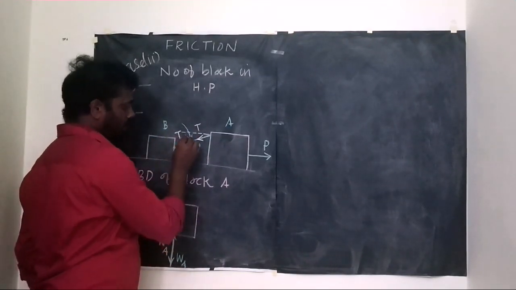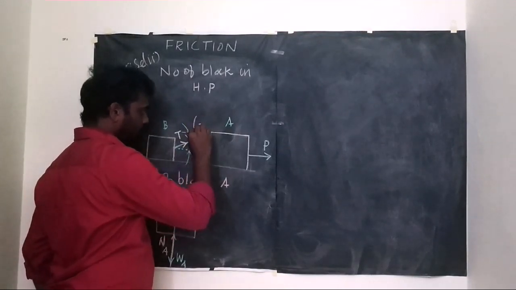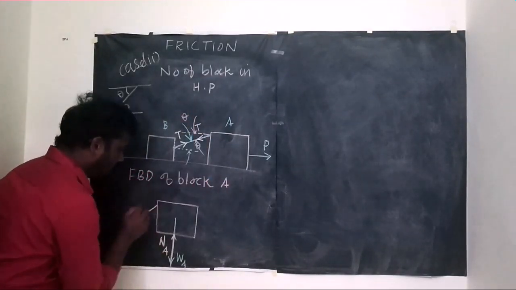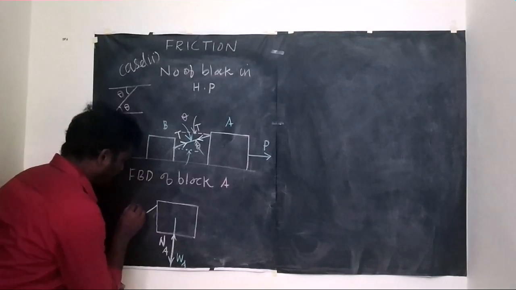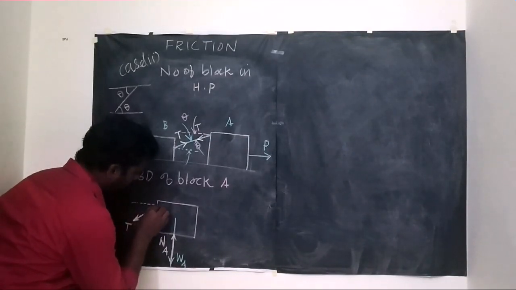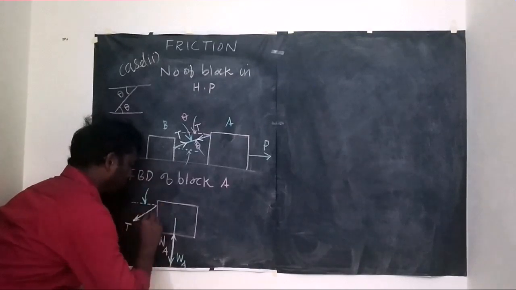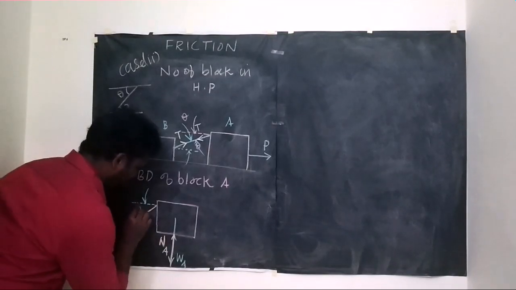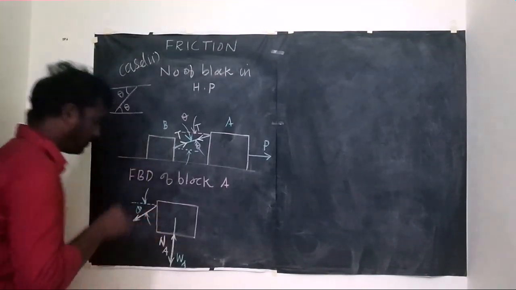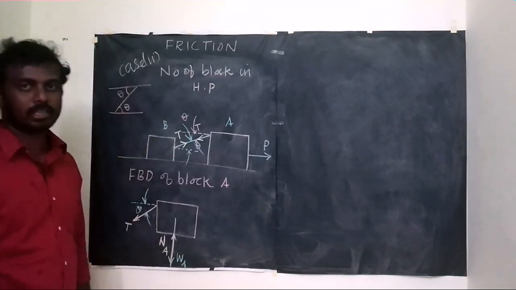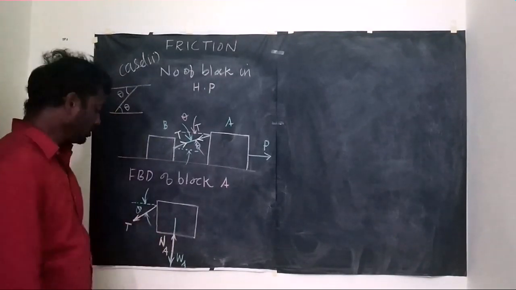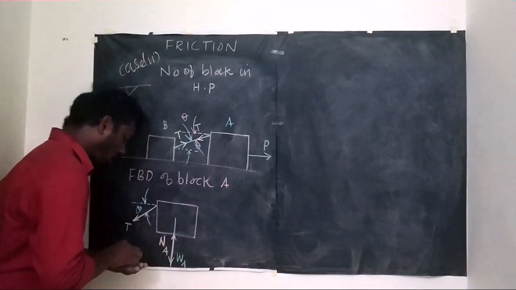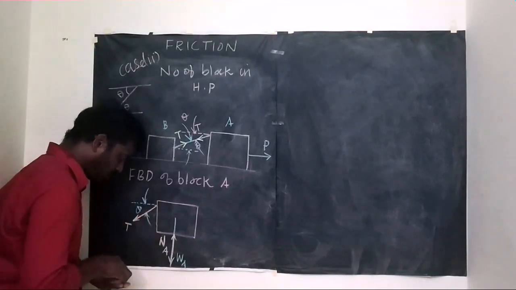This angle is theta, then this angle is also theta. Based on this logic, the tension force is acting inclined on the block. That time this inclined force is resolved into two components. One is along the horizontal line.